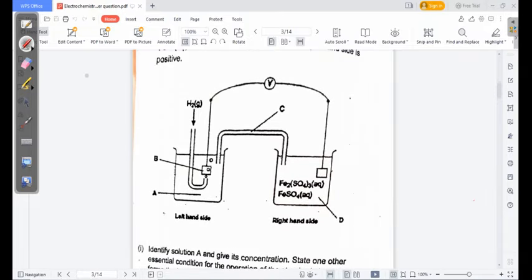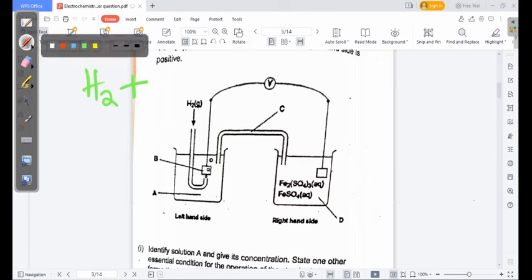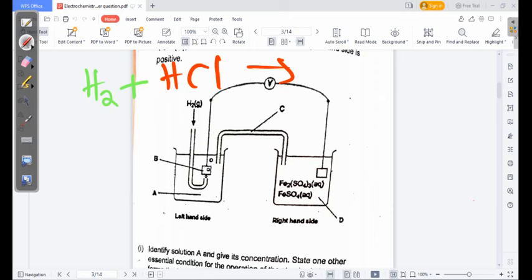So if you write a reaction between hydrogen and an acid, is it possible for hydrogen to react with an acid? What do you think? Is it possible? It's not a possible reaction.